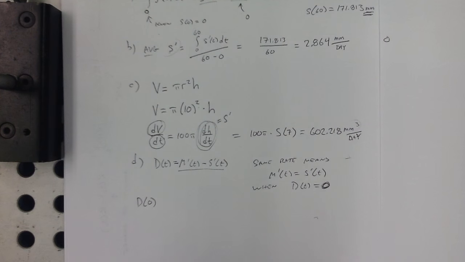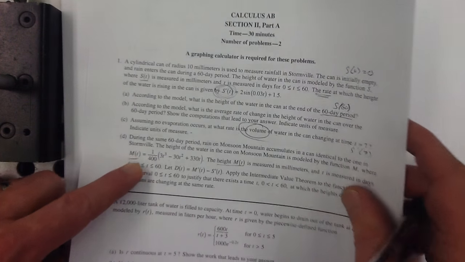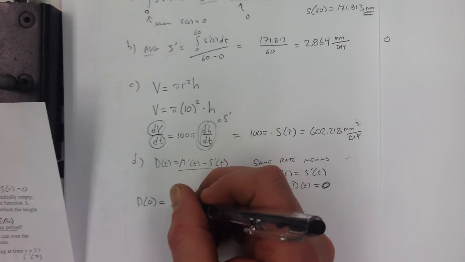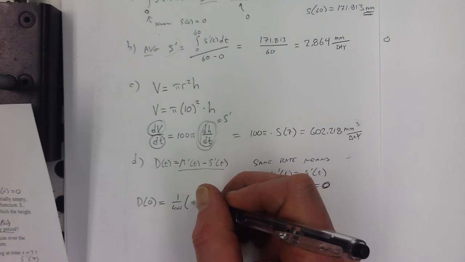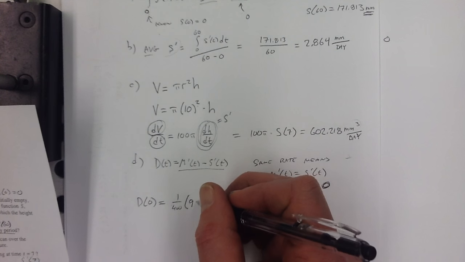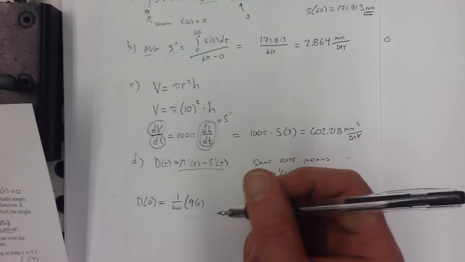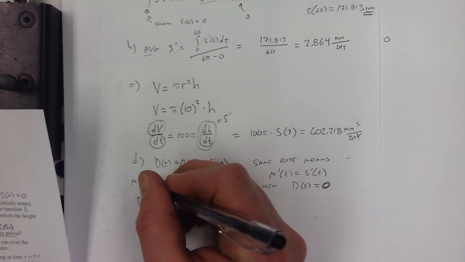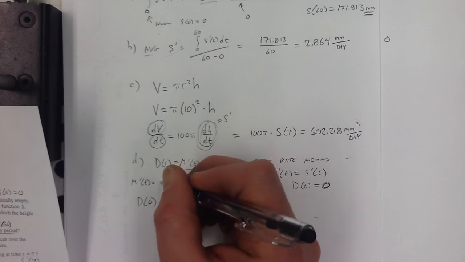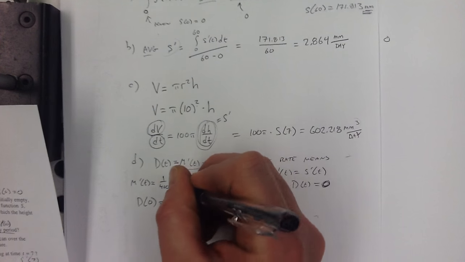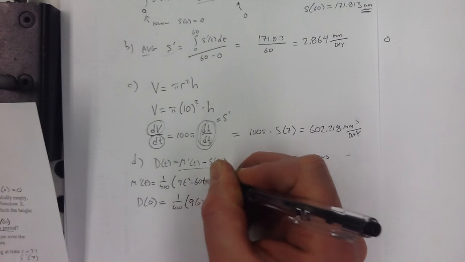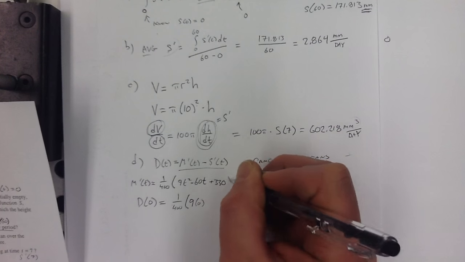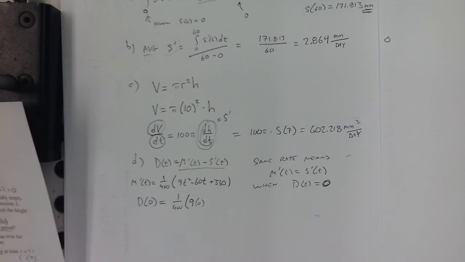So I'm going to try d of 0. That's, well, let's see, m prime of t. Sorry, let me go back up here and write down what the derivative is. I'm kind of cutting too many corners here. m prime of t is 1 over 400 times 9t squared minus 60t plus 330. Right, that's the derivative of the m function.